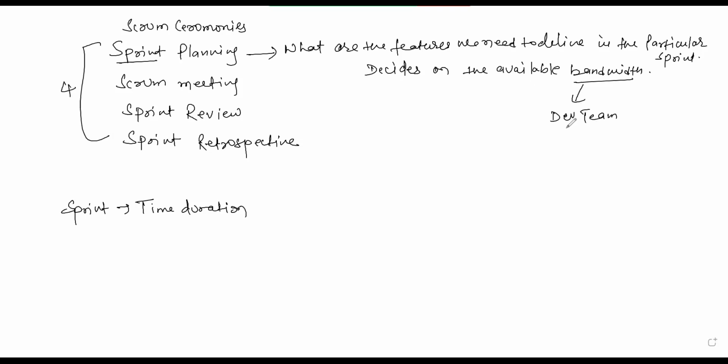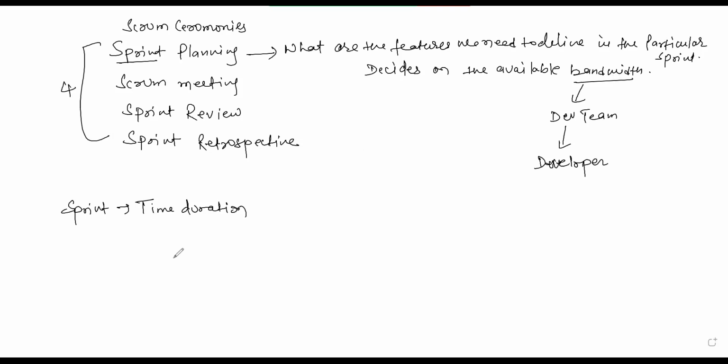But here we give the first priority to those who are working as developers in the dev team. They decide the complexity of the particular user story, and based on that, how much time they will take to complete it.